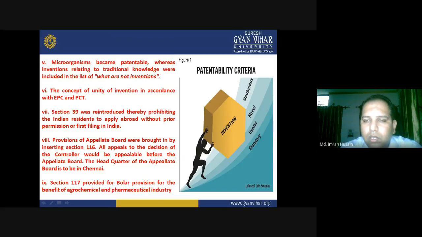These things are closely related to the invention, and if you have all such factors incorporated in your invention or patent, then you are most likely to get the patent in your name.